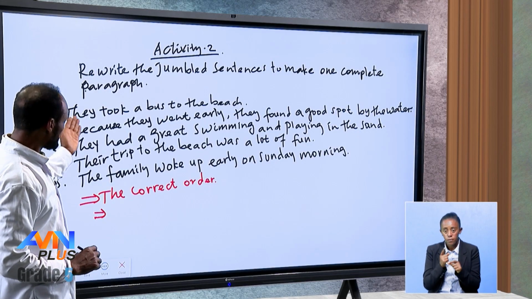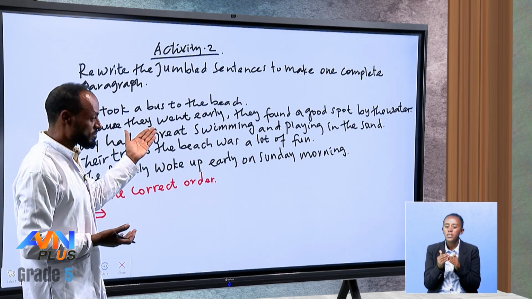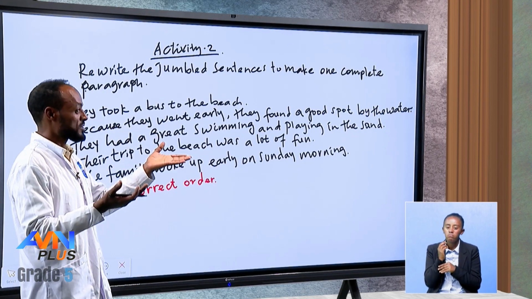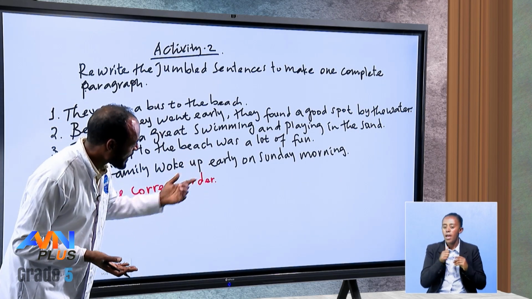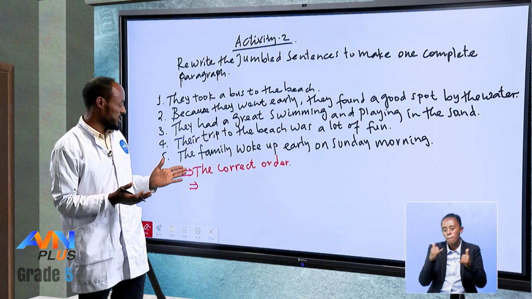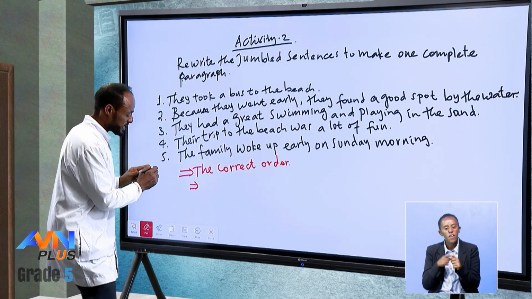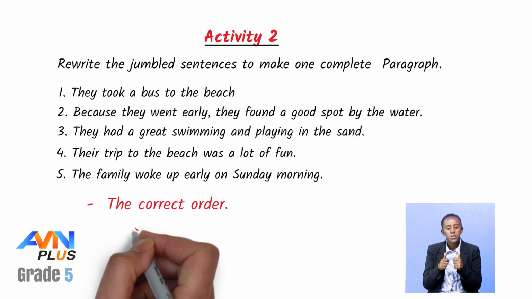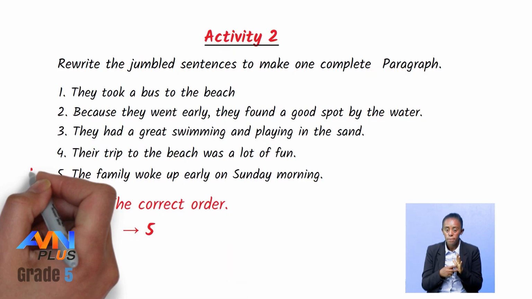The first one: they took a bus to the beach. Because it's very difficult to start from "because." They had a great swimming and playing in the sand. Their trip, so the first one should be number 5.